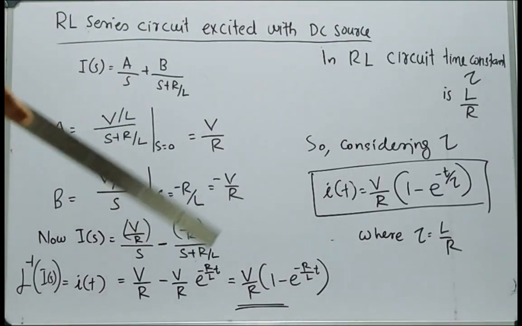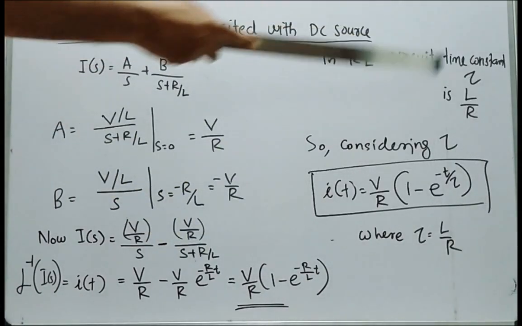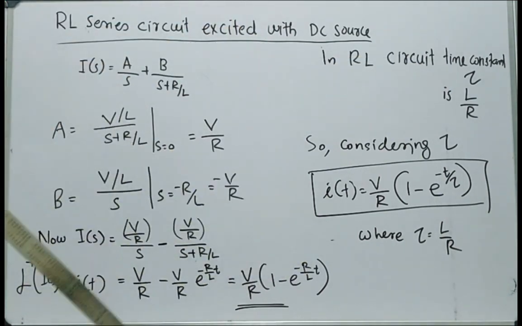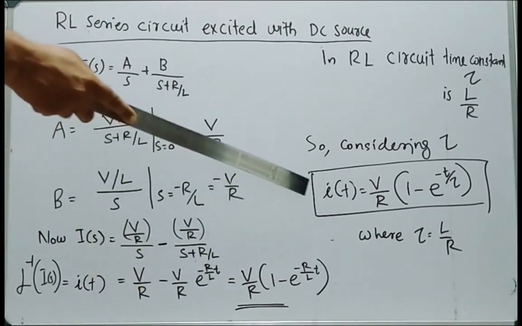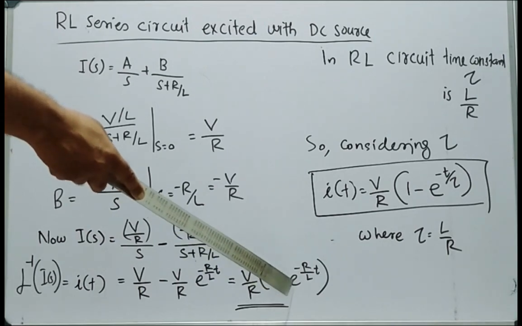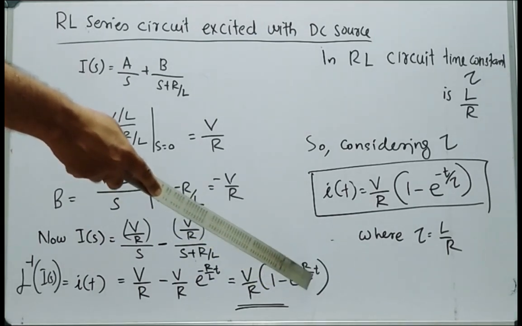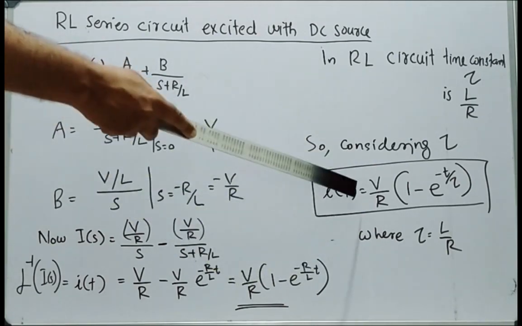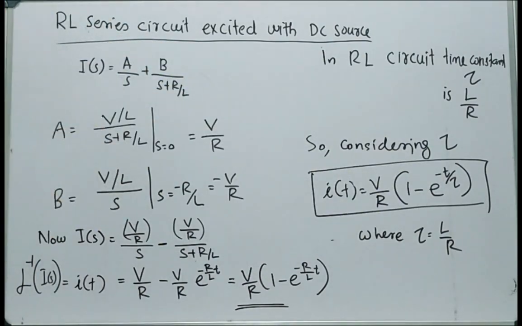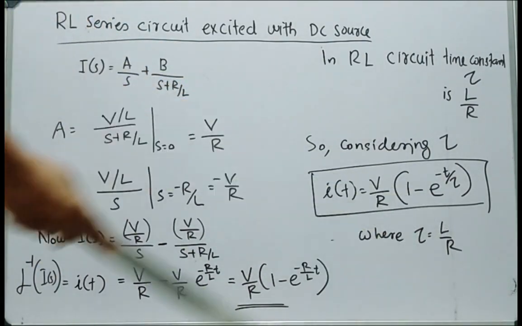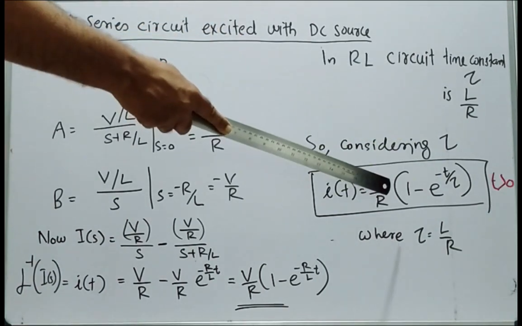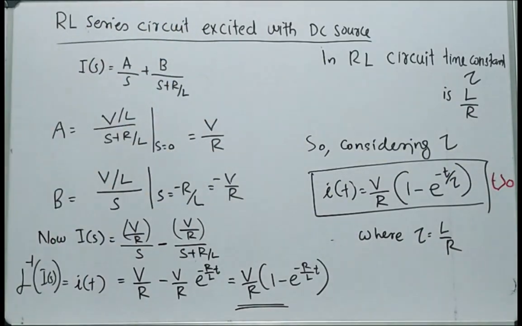In an RL circuit, the time constant tau is L by R. So considering that, this equation can be written as i(t) equal to V by R into 1 minus e raised to minus t by tau, where tau is equal to L by R. That is the time constant of this circuit. So this is the general equation corresponding to t greater than 0.